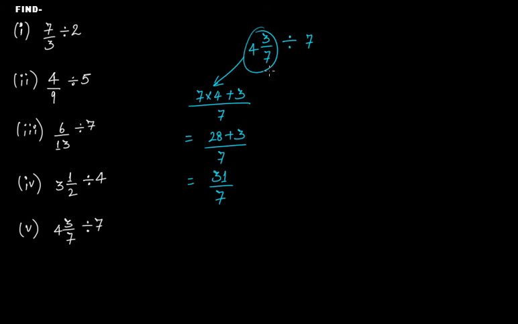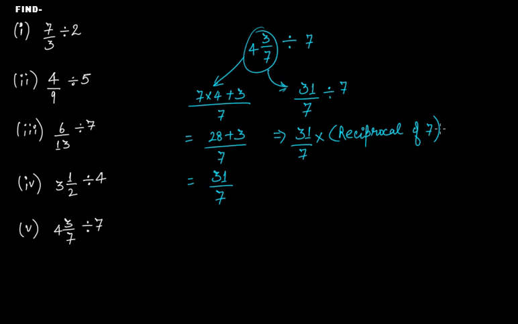So this mixed fraction can be written in the form of the improper fraction as 31 over 7 divided by 7. This will be 31 over 7 multiplied by the reciprocal of 7.